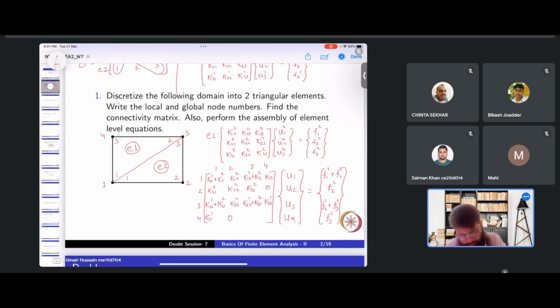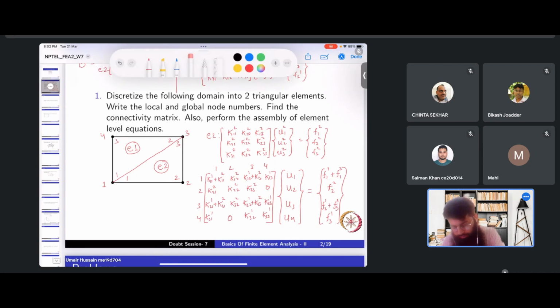And then 4, 3. 4, 3 are connected in element 1 again. So we write K32 for 1. And 4, 4, the fourth node is found in element 1 only, so we write K33 for 1.